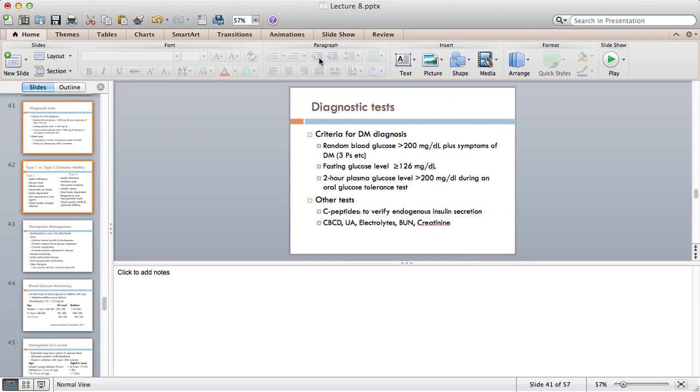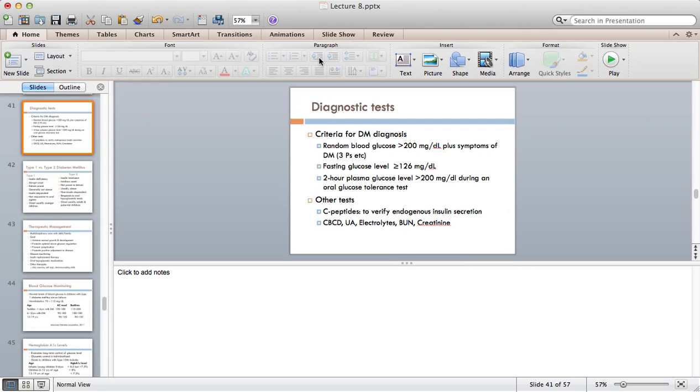We do a random blood glucose, anything above 200 with signs and symptoms of polyuria, polydipsia, and polyphagia. Another criterion would be doing a fasting blood glucose that is equal to or more than 126 milligrams per deciliter.